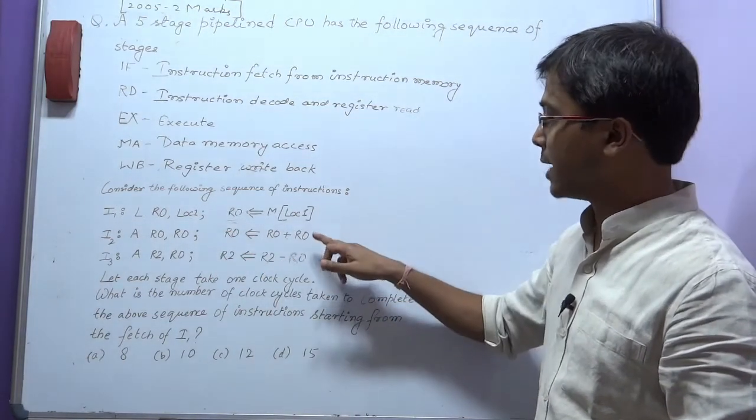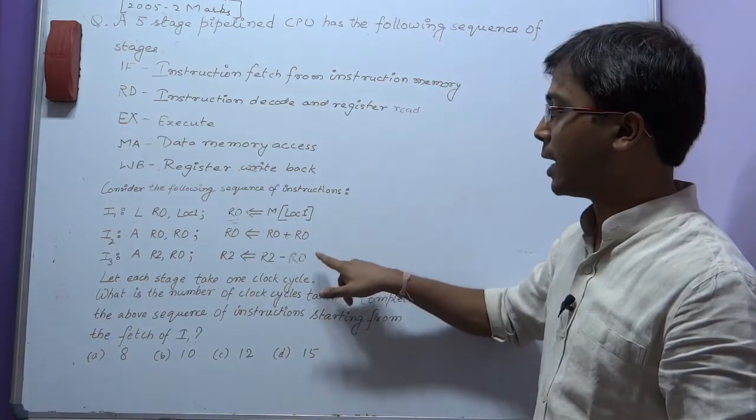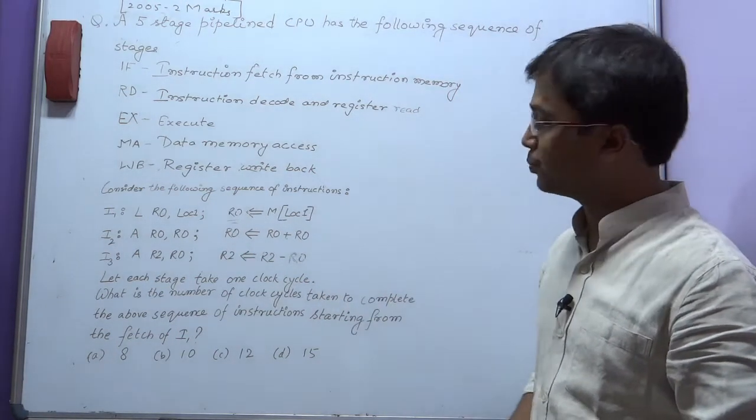So the conclusion is I2 is dependent upon I1 and I3 is dependent upon I2.